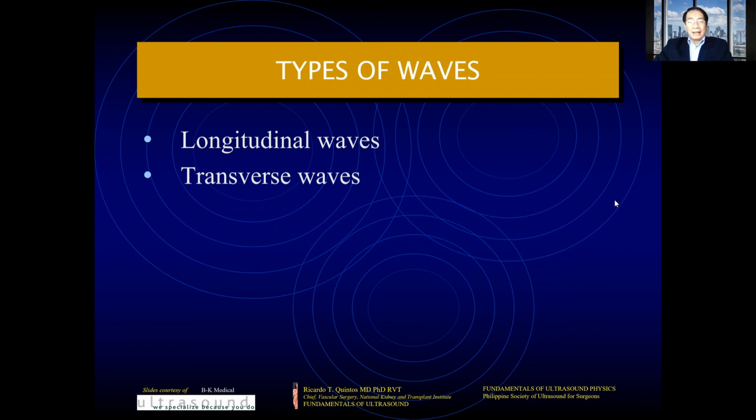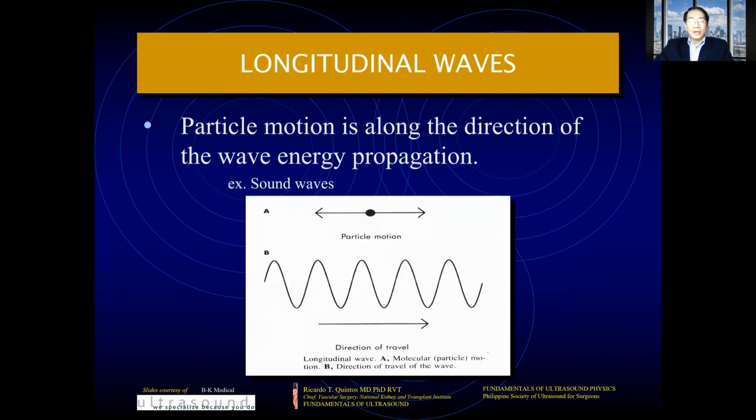Just for academic purposes, there are two types of waves: longitudinal waves and transverse waves. In longitudinal waves, the particle motion is along the direction of the wave energy propagation. For example, in segment A here, the particle motion is along the longitudinal axis, and that is along the direction of the energy propagation.